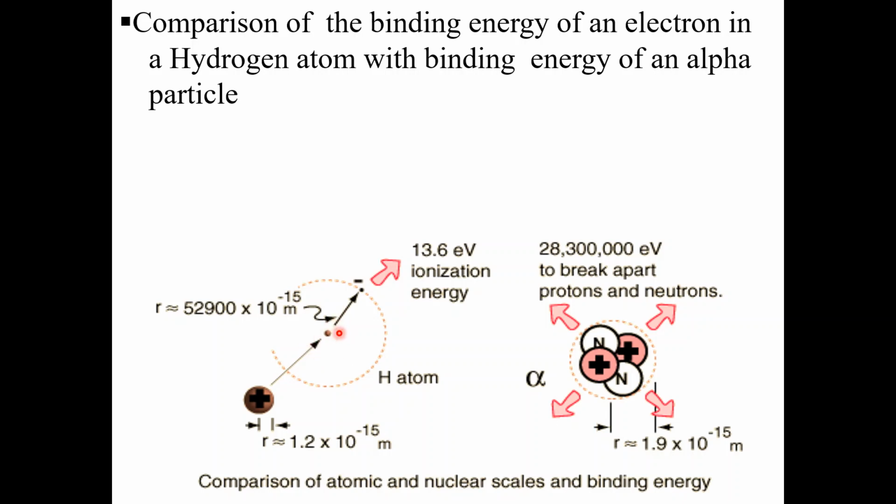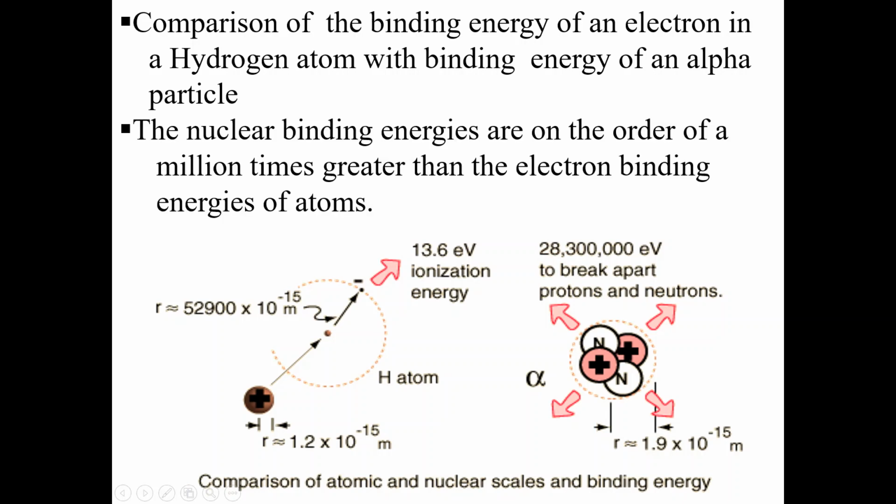The binding energy of the electron in a hydrogen atom is equal to 13.6 electron volt. If you compare that with the binding energy with which the nucleons inside the alpha particle are bonded, it is almost equal to 28 mega electron volt.